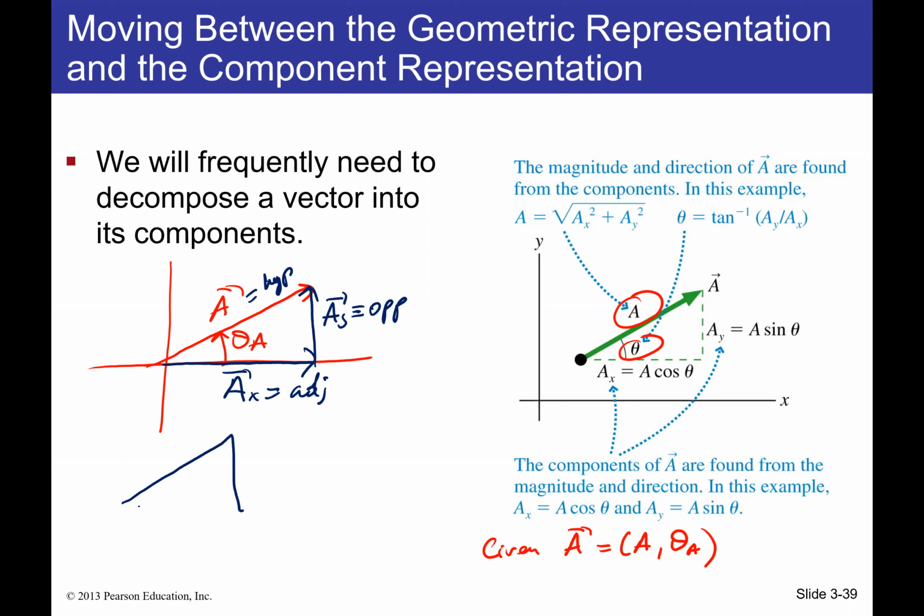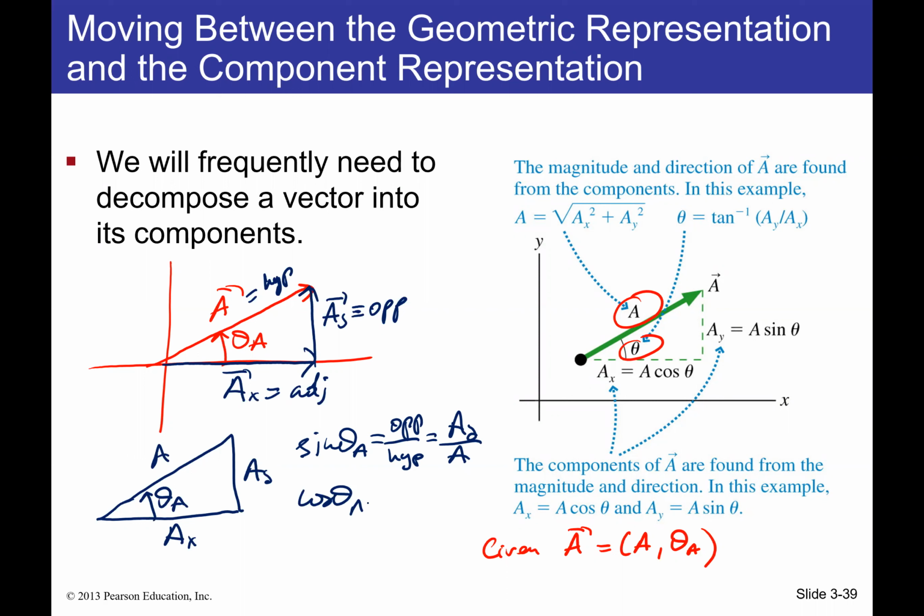So this is the size of Ax, this is the size of Ay, and this is the size of A, and this is theta A. I can relate all of those four things with sine and cosine functions. If I use sine of theta A, if you remember, sine of theta is opposite over hypotenuse, which in this case is Ay over A.